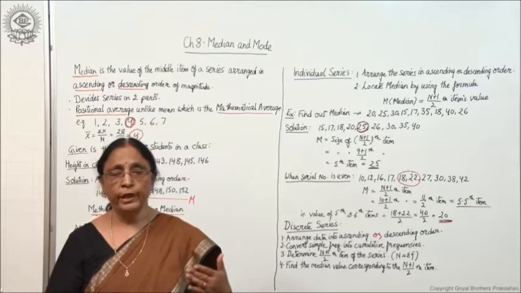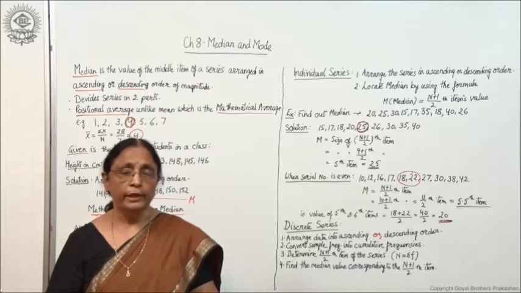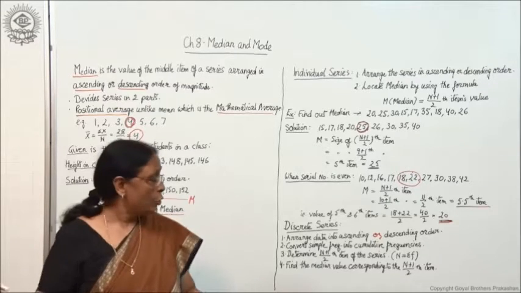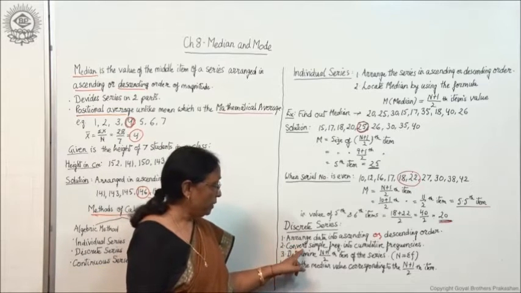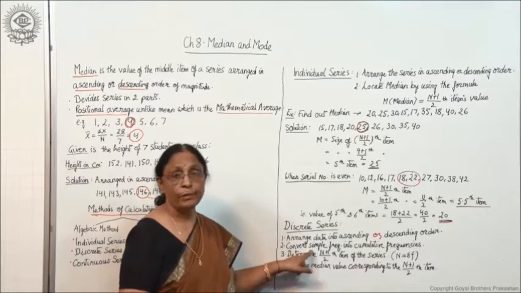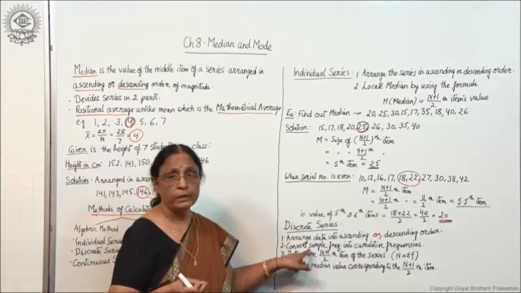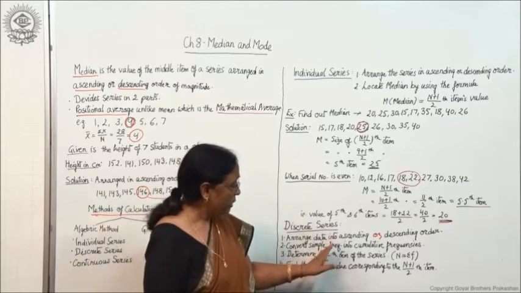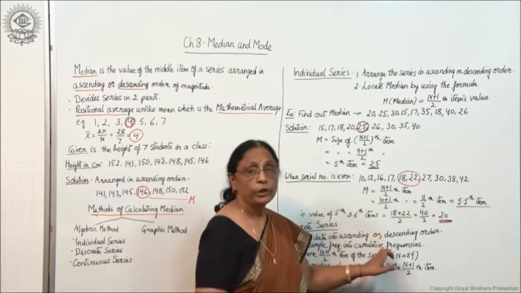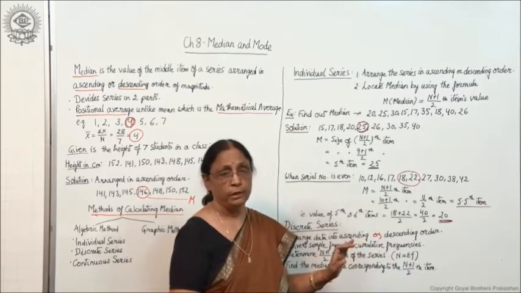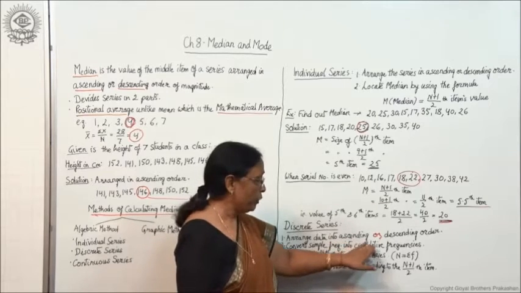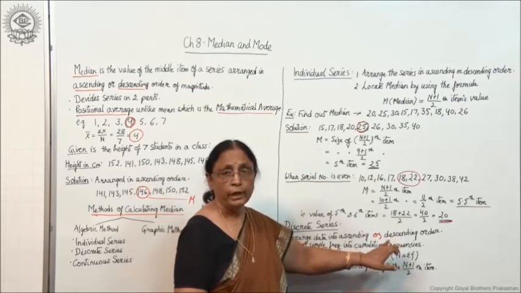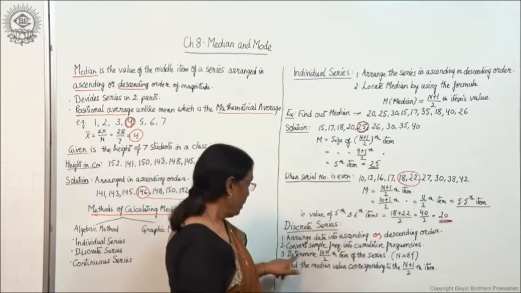That means how many times a particular item appears in the series. When the frequency is given, this is known as simple frequency. Simple frequency is given along with the item, and you have to convert this simple frequency into cumulative frequencies. We have done cumulative frequencies earlier, and you know how to convert it.